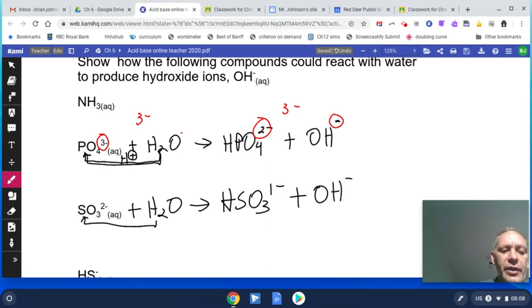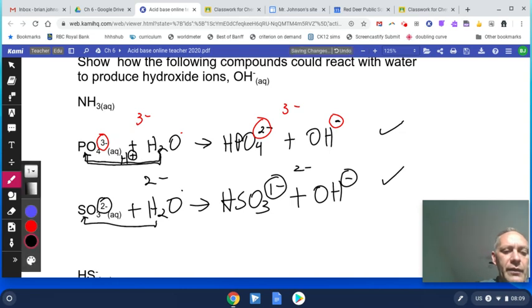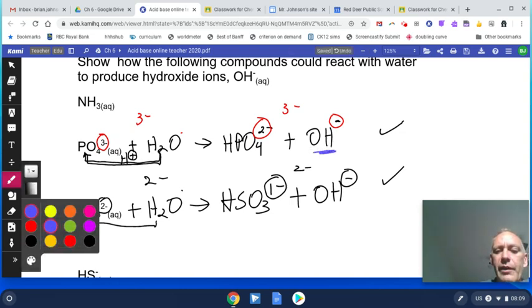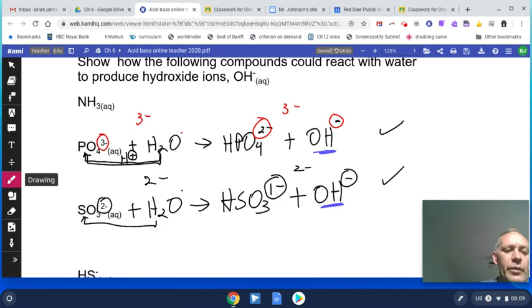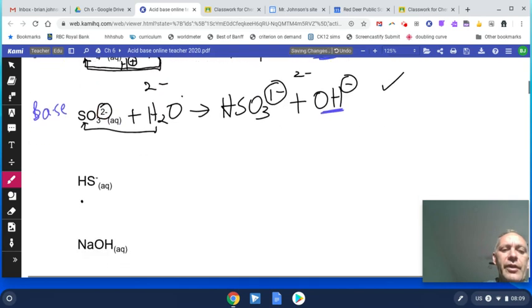Check those charges. 2- on this side, water is 0. 1-, 1-, we're at 2-. So charges are balanced, we did it correct. And this is what makes these basic solutions. So we can call PO4 3- a base, and we can call SO3 2- a base as well, using the modified Arrhenius definition.